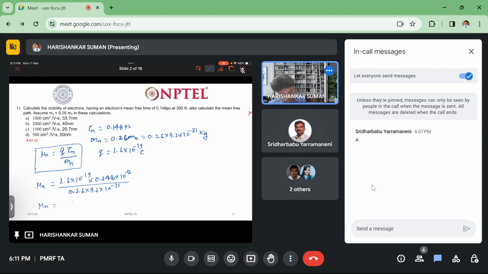Please solve this. This is around, I think, 1000 in centimeter square per second.